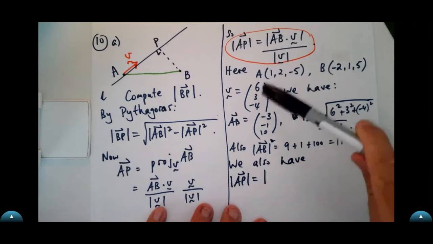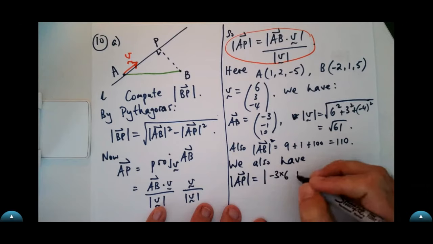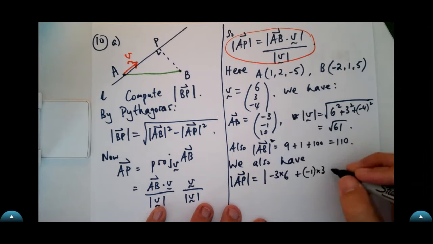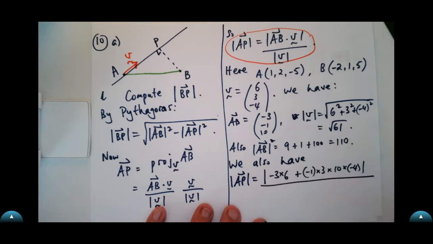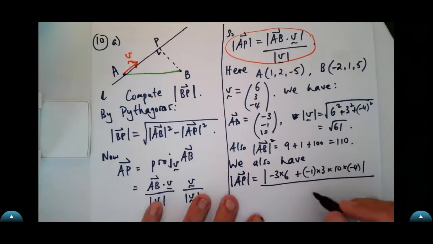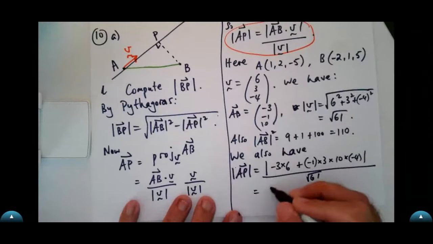So it'll be -3 times 6 plus -1 times 3 plus 10 times -4, all over the length of V, which is √61. If you work this out, you get √61 up the top.